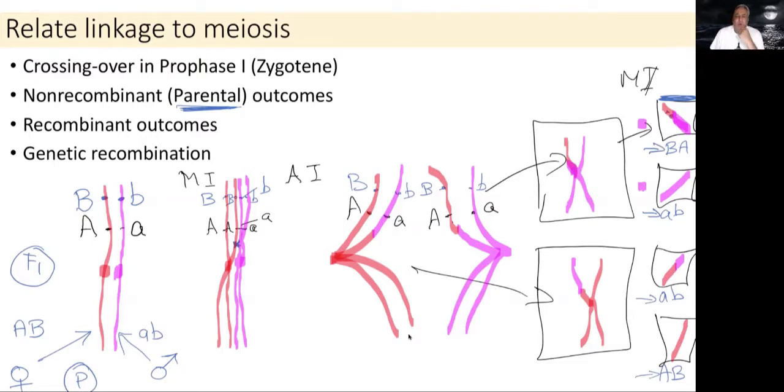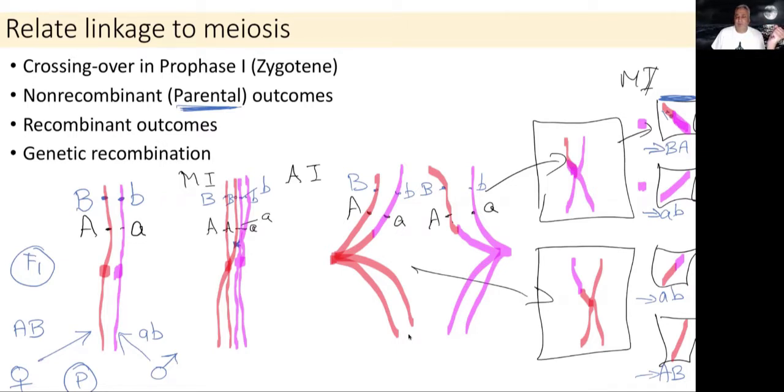They still look parental. Even though there's been a crossover, it hasn't exchanged lowercase with uppercase. Uppercase stays with uppercase, A and B, lowercase stays with lowercase. So we call these parental type chromosomes. As far as A and B is concerned, they still have the same combination as the parents. So there's nothing odd there at the moment.